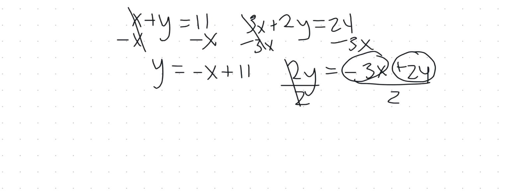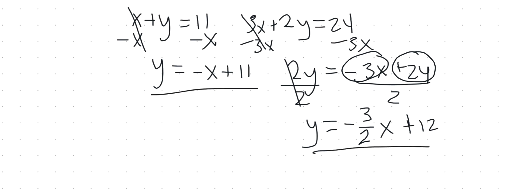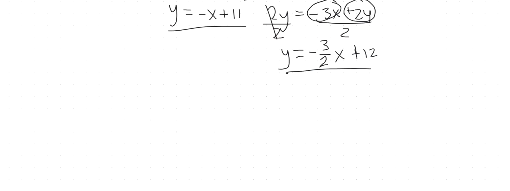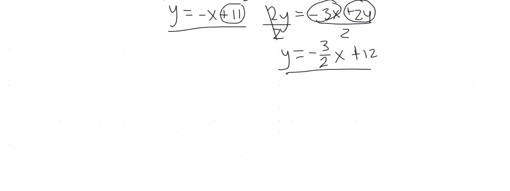So y is equal to negative 3 halves x plus 24 divided by 2, 12. So now we have our systems of equations written in y-intercept form. What we need to do next is graph them. So in this one, we're going to start at positive 11. I'm going to draw a graph right here.